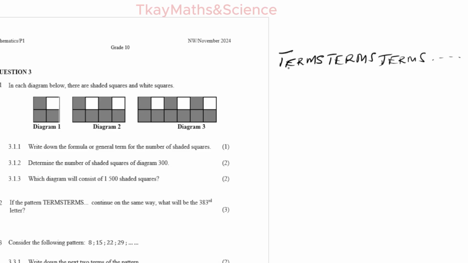So what we can see is that this term here has how many letters in repetition? 1, 2, 3, 4, 5, and repeat 1, 2, 3, 4, 5.